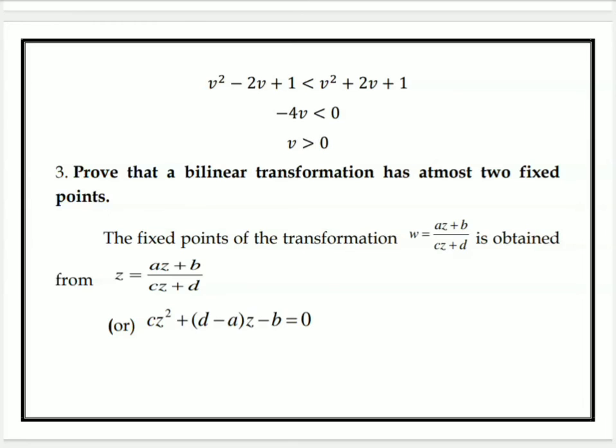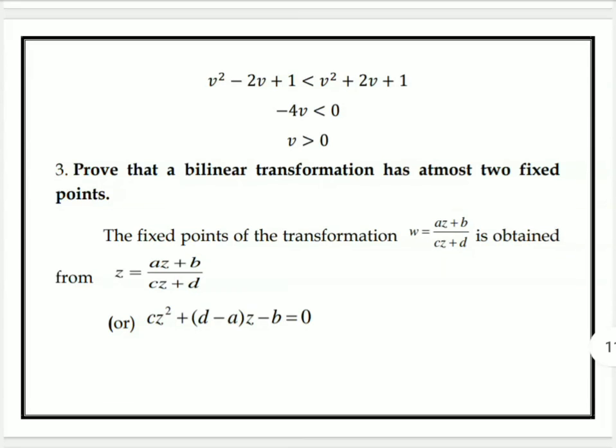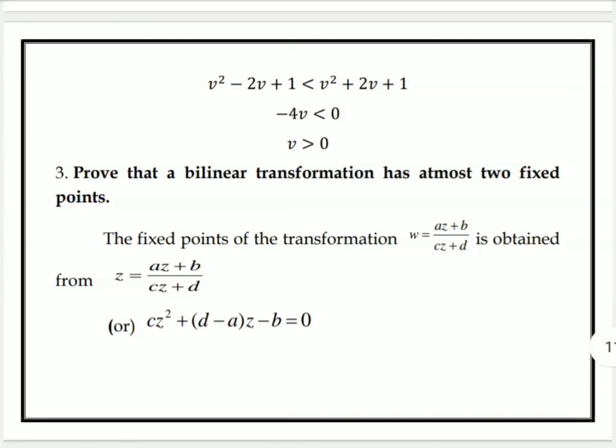So take the LCM here: Z into (CZ plus D) equals AZ plus B. Multiplying Z inside, CZ squared plus DZ equals AZ plus B. So AZ plus B comes to the left hand side: CZ squared plus DZ minus AZ minus B. Taking Z commonly outside, you get CZ squared plus (D minus A)Z minus B equals 0.